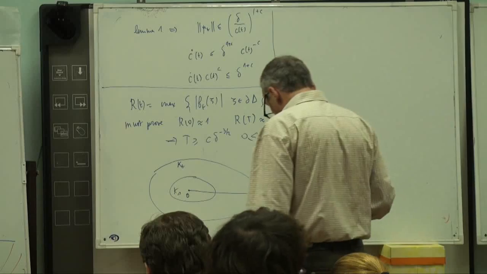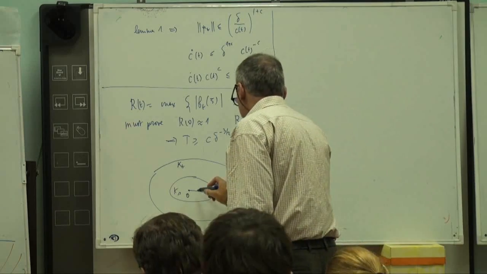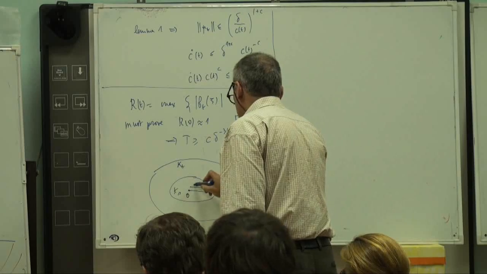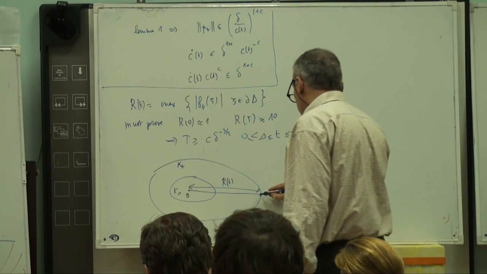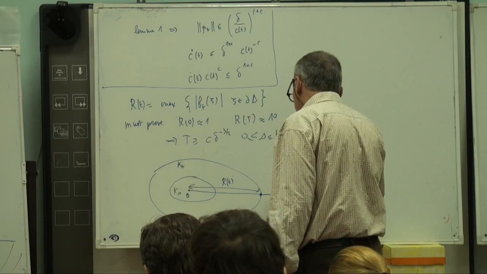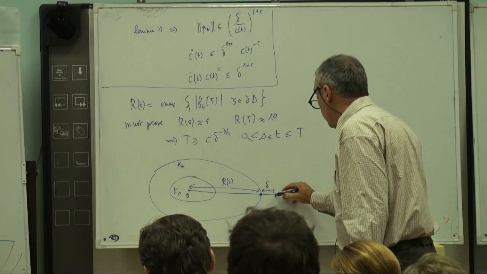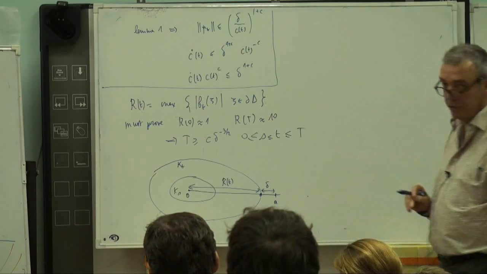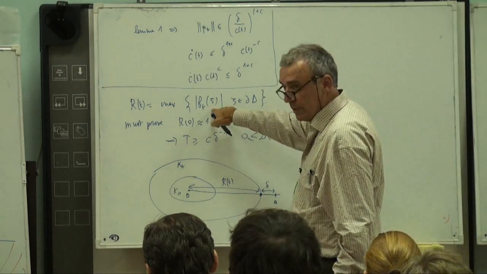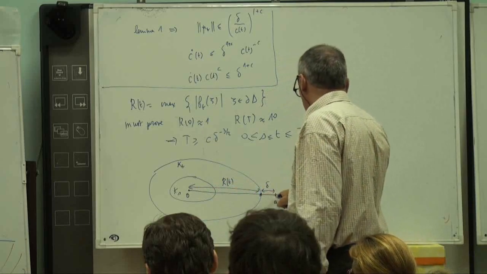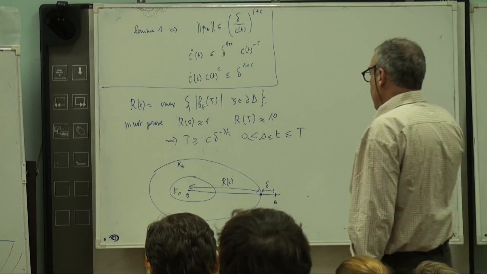So this is r of t. We go a little bit further by delta, and we choose the point A here. So we draw the line between 0 and the point which attains the maximum, and go further by delta.